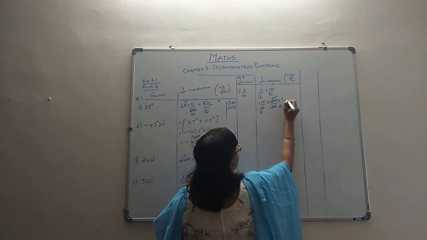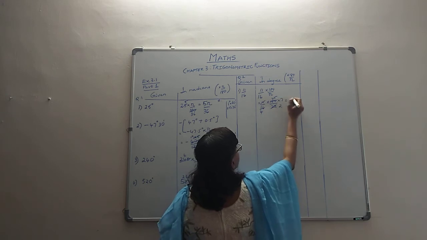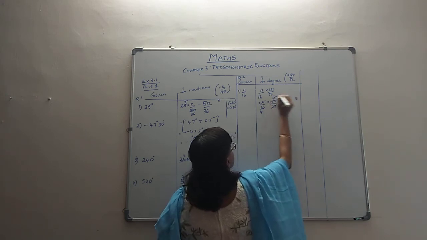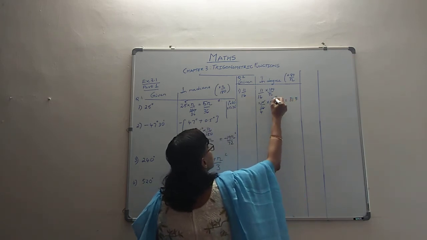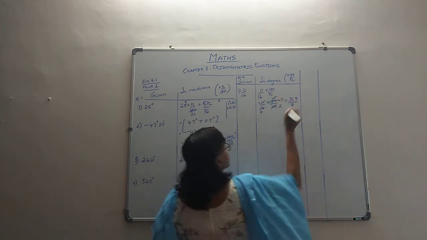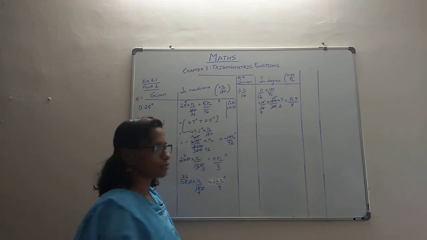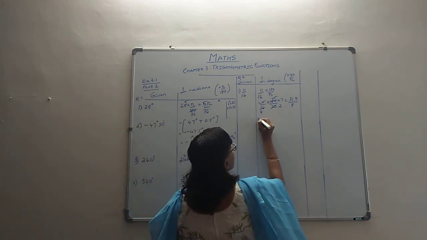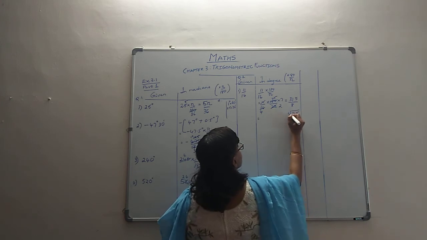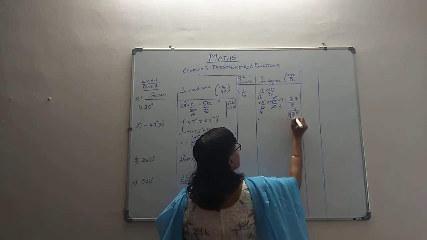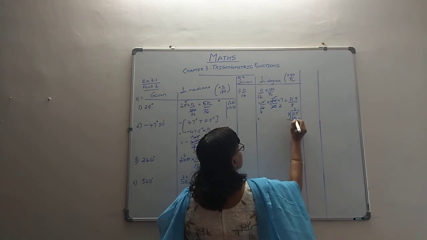So how much will that come to? Let's see. 7 5s are 35, 3 carries, 7 4s are 28, 31, so 315 by 8. So 315 divided by 8 will be the degrees. 8 3s are 24, remainder is 7.